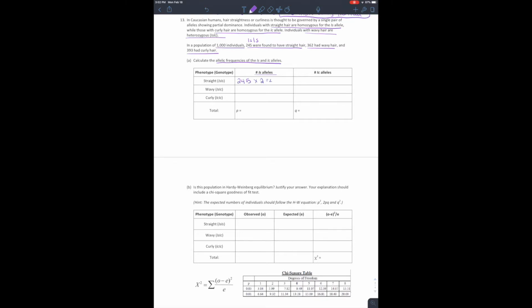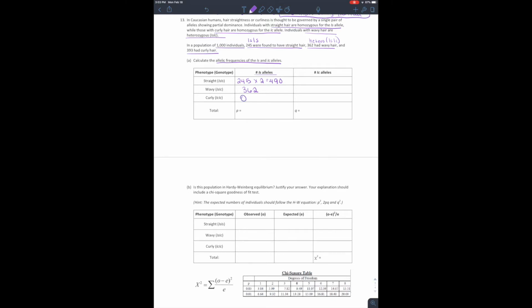That's going to be 490 IS alleles. Now we're going to calculate the wavy hair. To be wavy, you are heterozygous, or ISIC. So 362. Now we've got to calculate the curly ICIC, and we're going to leave that at 0.